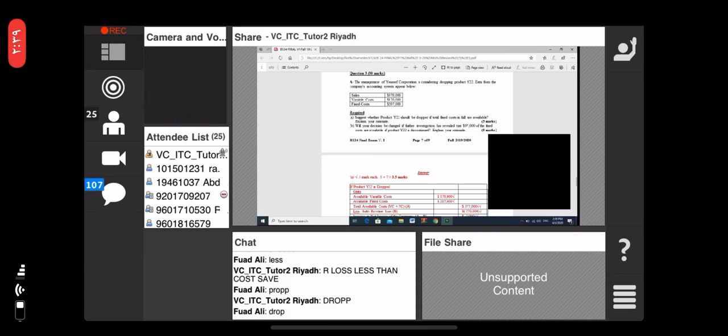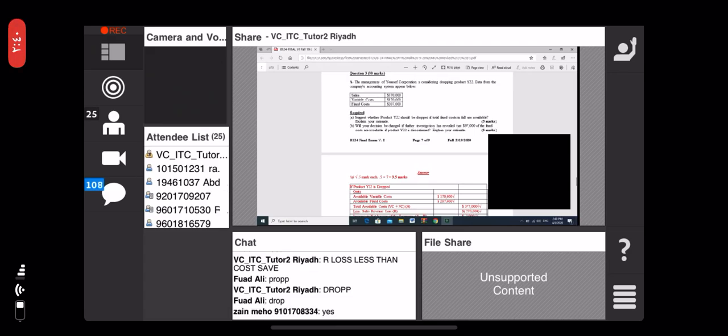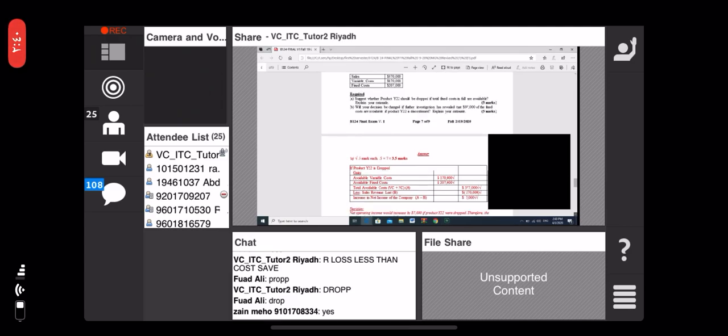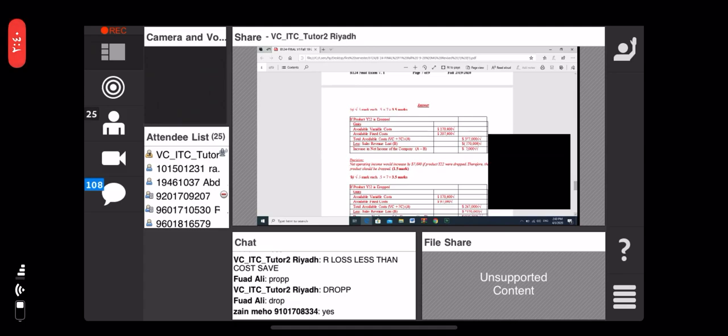So the first required A is clear. Okay, second required, he said the fixed cost is not fully avoidable.